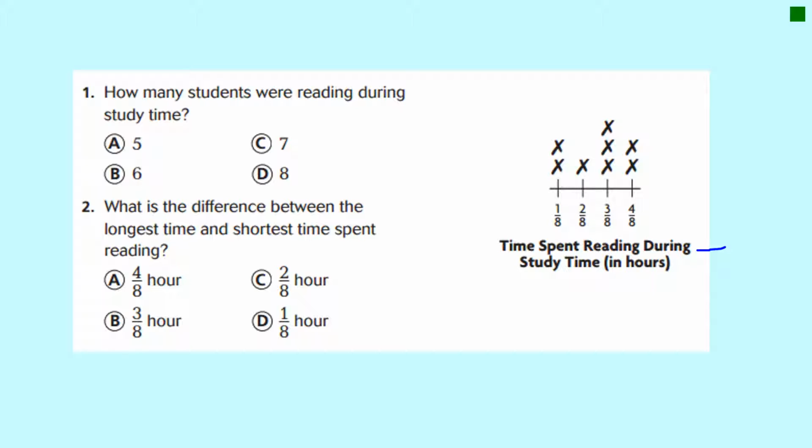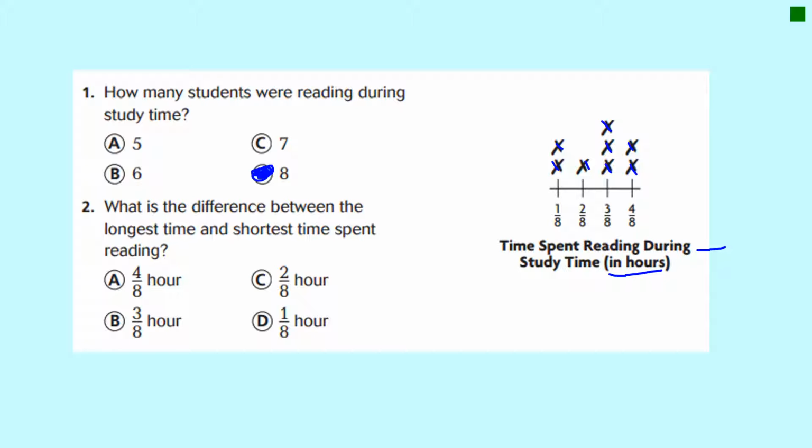Oh, okay. So every one of these X's stands for the hours or the fraction of the hour that the student read. So each X stands for a student's answer to that question. So 1, 2, 3, 4, 5, 6, 7, 8. So 8 students shared how much time they spent reading during study time.